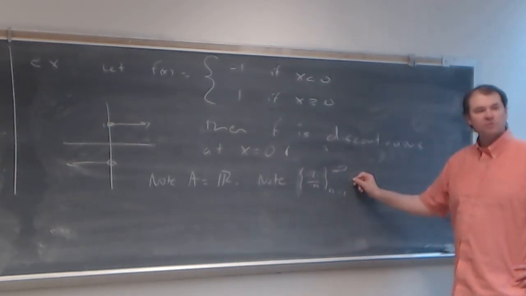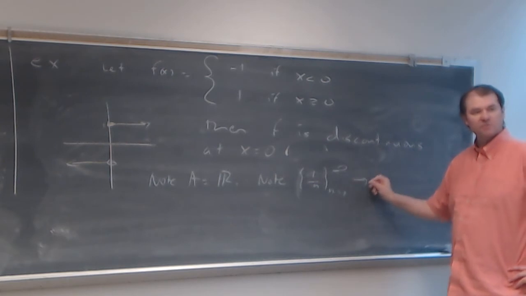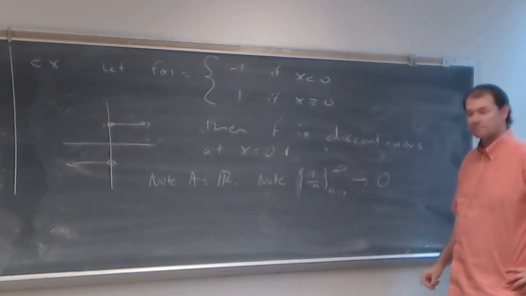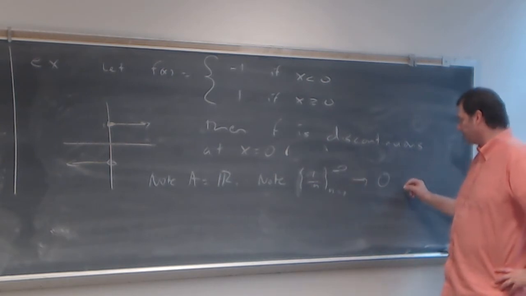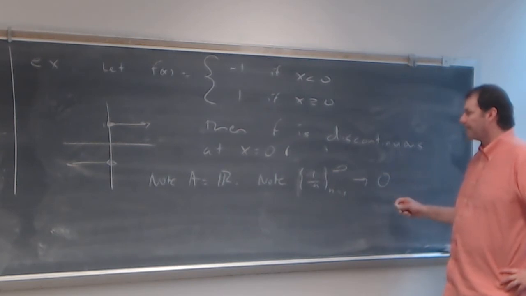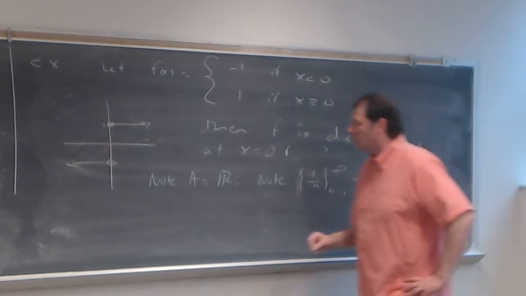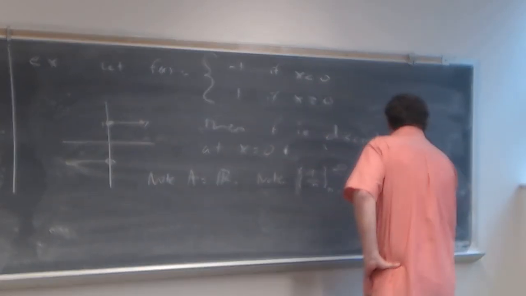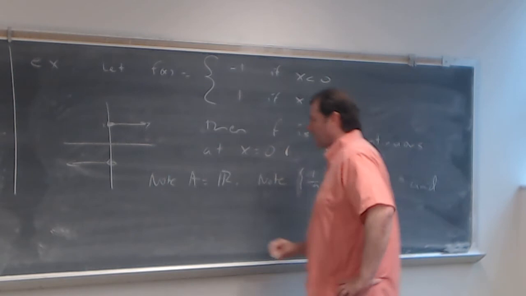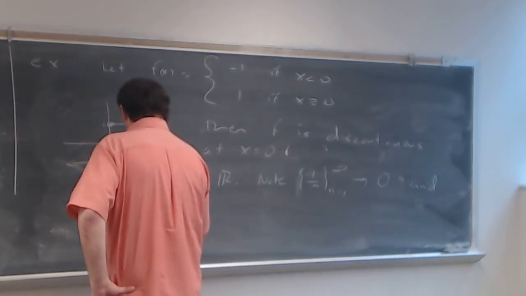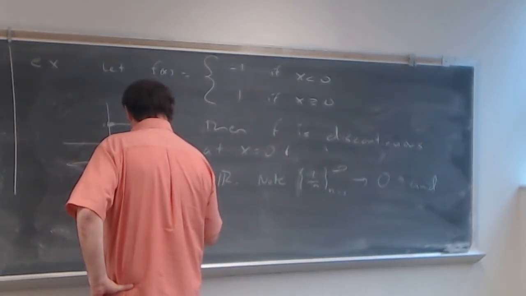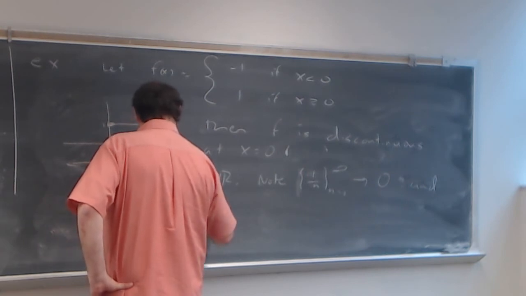Does it converge? Yes. What does it converge to? 0. It converges to 0. And what can you tell me about f of minus 1 over n? It's a sequence. What does it converge to?